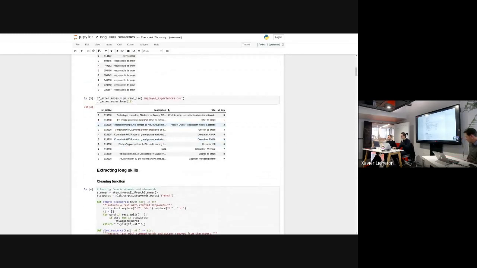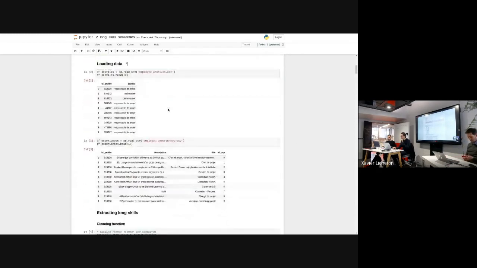DF skills. From step 1? Yeah, from step 1. So we had also joined the ID profile, we had joined the job title and the skills pertaining to each job title, right? Mm-hmm. So did you use the skill sets?